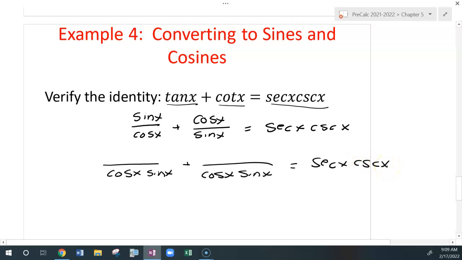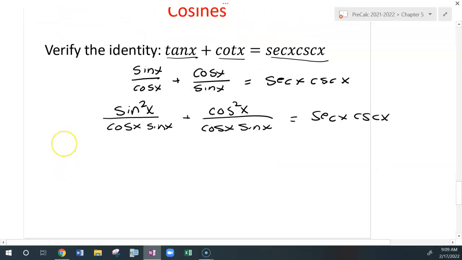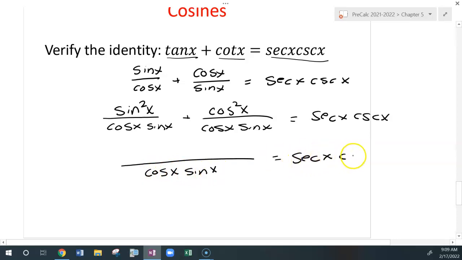All right, so my sine x in the numerator, I have to multiply that by sine x. So I get sine squared x, right? Cosine x in this numerator, I had to multiply by cosine x, so I get cosine squared x. I can now combine into one denominator. Cosine x, sine x, that's going to equal secant x, cosecant x, making no change there. And I have sine squared x plus cosine squared x.